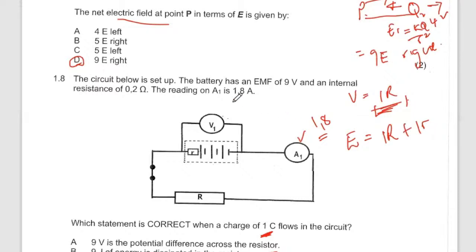They give us the internal resistance as 0.2. So what is 0.2 times 1.8? 0.2 times 1.8 gives me 0.36. When I subtract that from the 9, I'm getting 8.64.